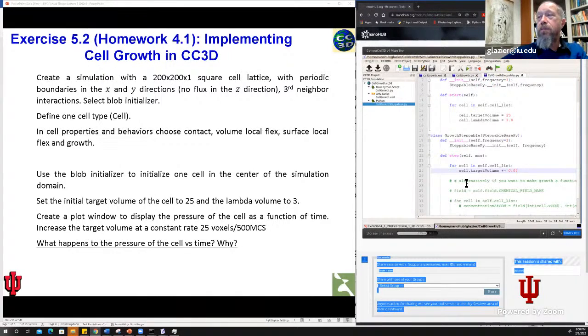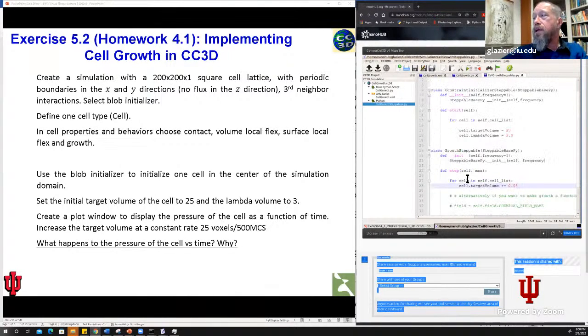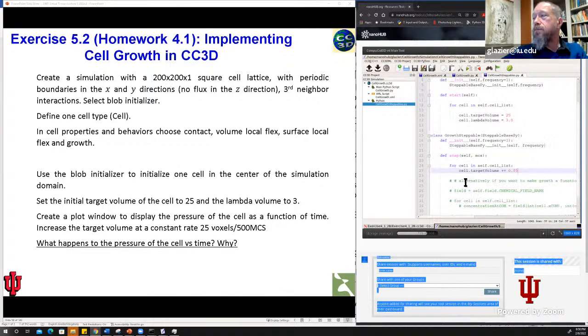And I asked to create a plot window to display the pressure. So let me create a plot window.